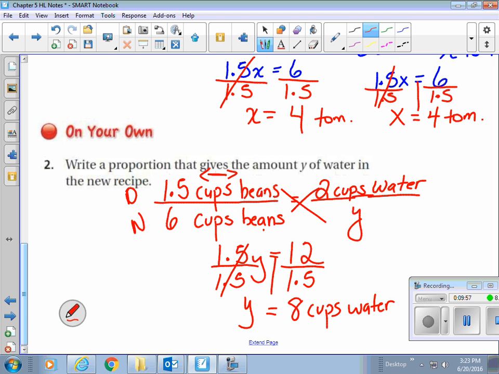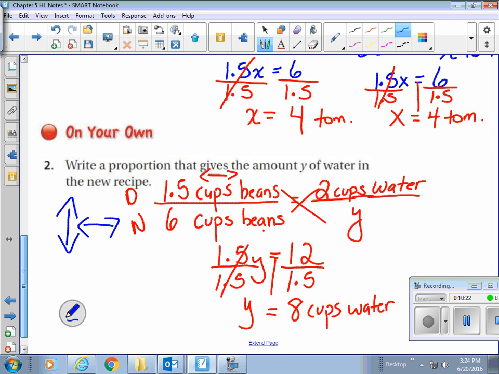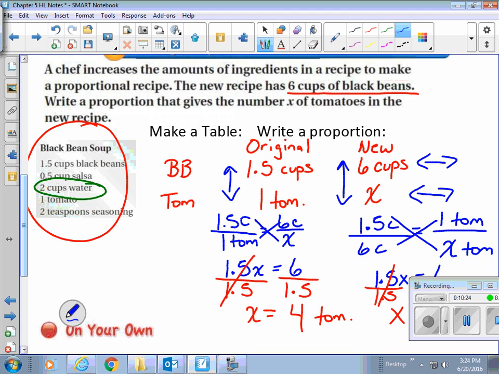You could have also done your cups of beans over cups of water. So 1.5 is to 2 as 6 is to y. That would give you the same answer as well, depending on which way you wanted to set up, because remember, we could do it vertically or horizontally based on your table if you created your own table.